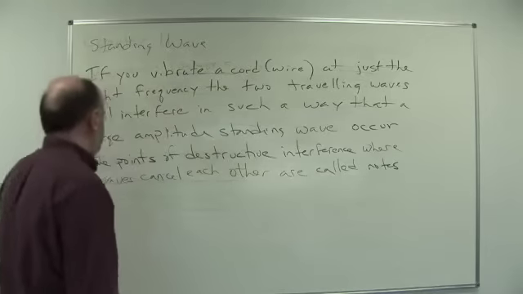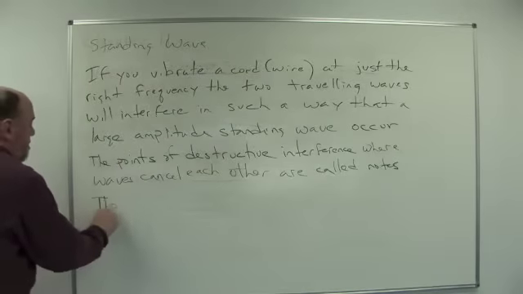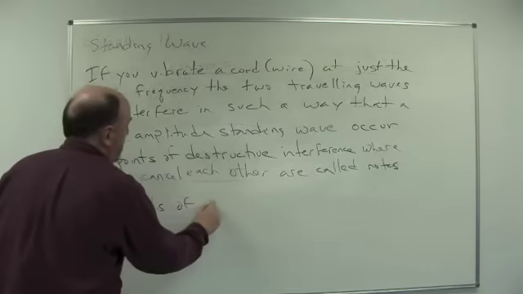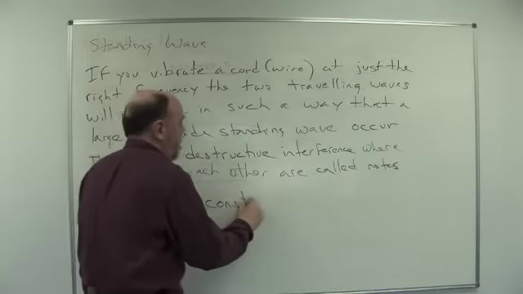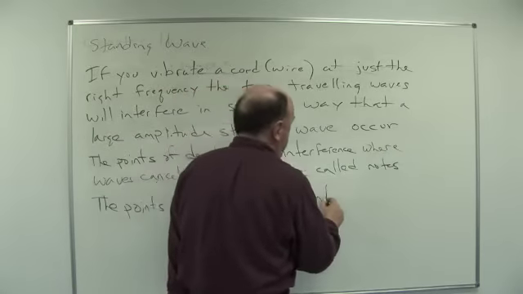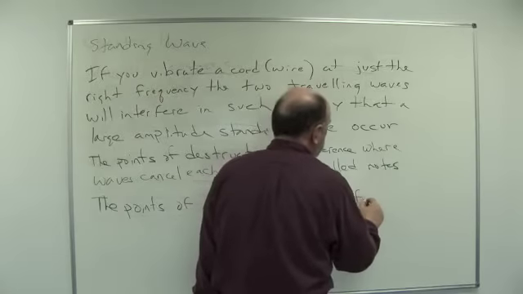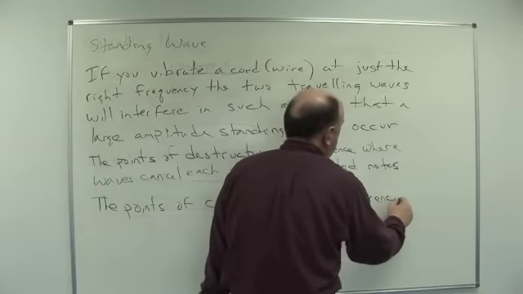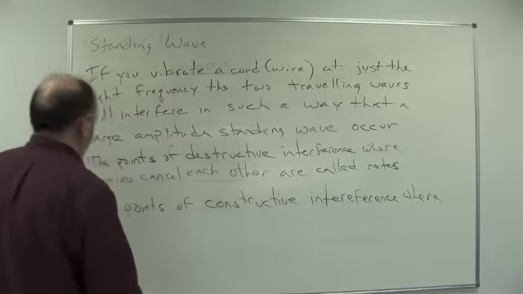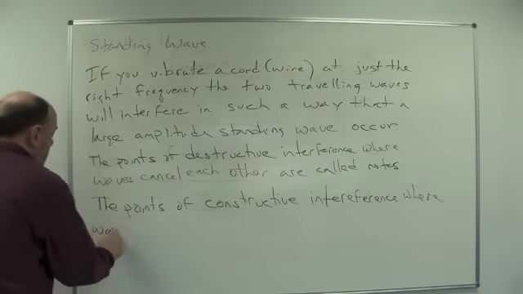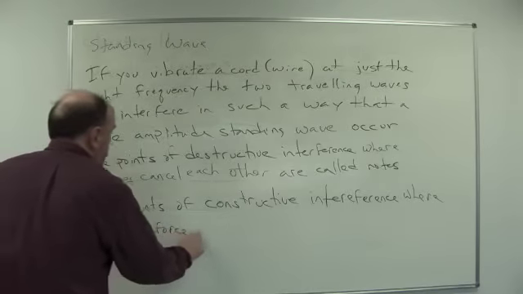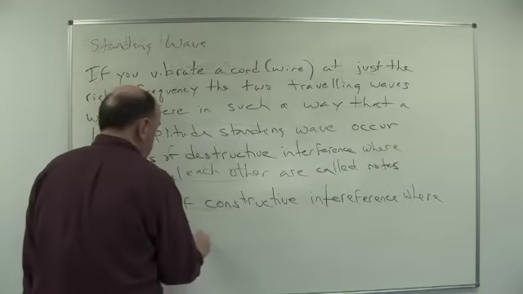And then the points of constructive interference, so basically where the waves reinforce each other, are called antinodes.